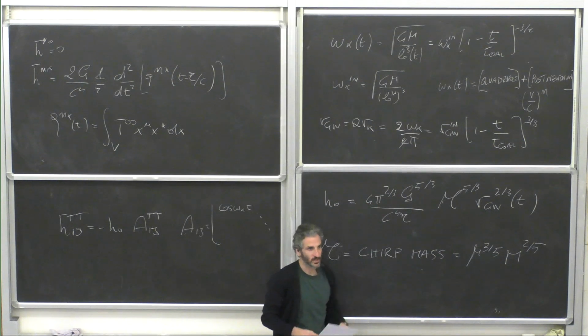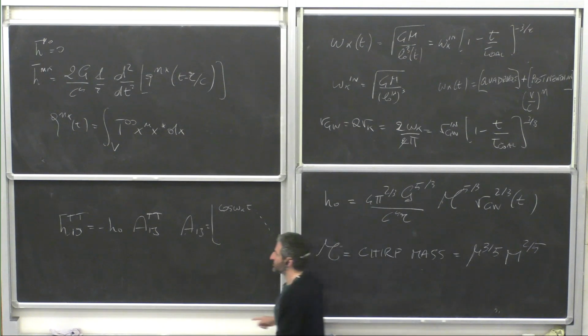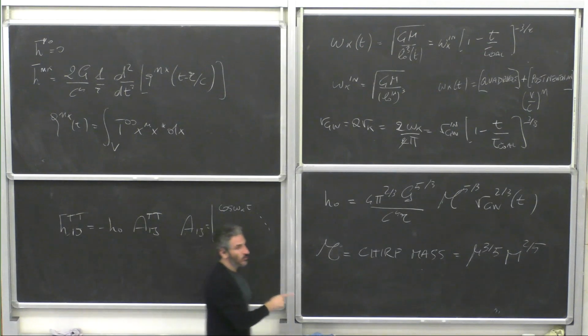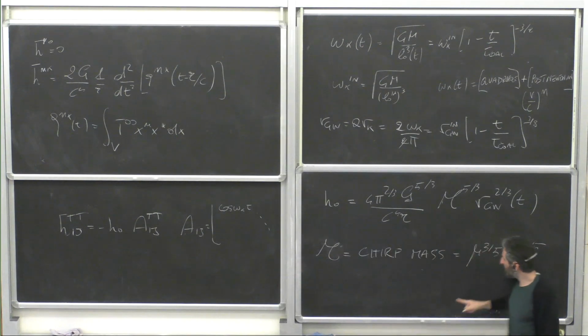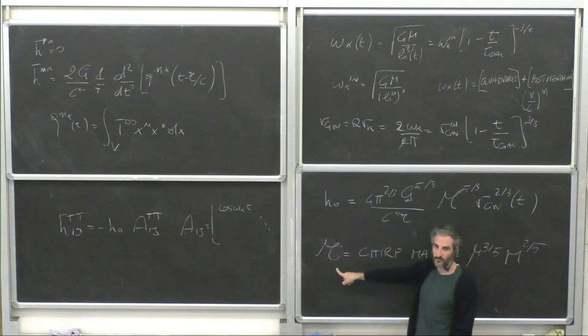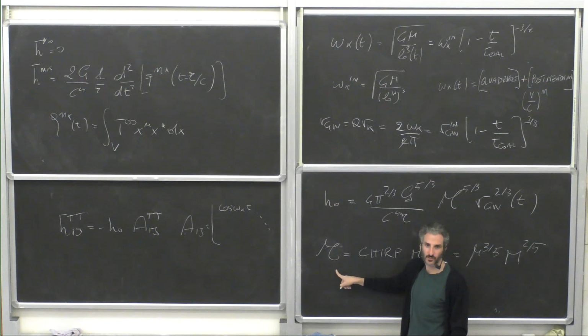Within this h0 that we wrote yesterday, there was a combination of masses, of the total mass and of the reduced mass, that we have now rewritten in terms of a new mass variable, which is the chirp mass.